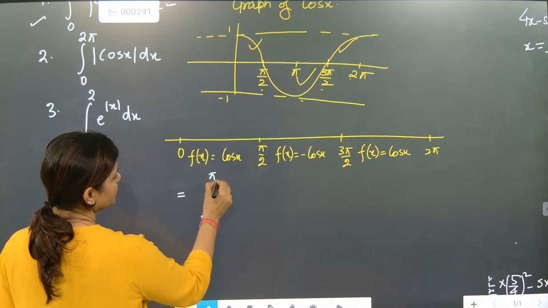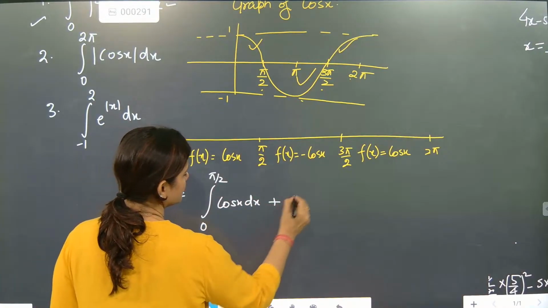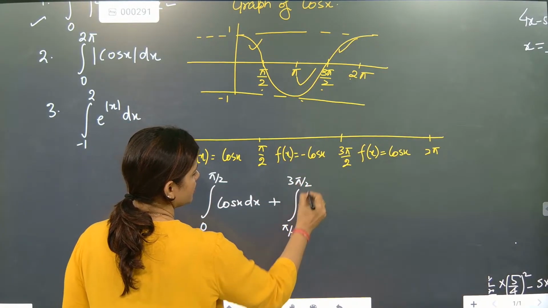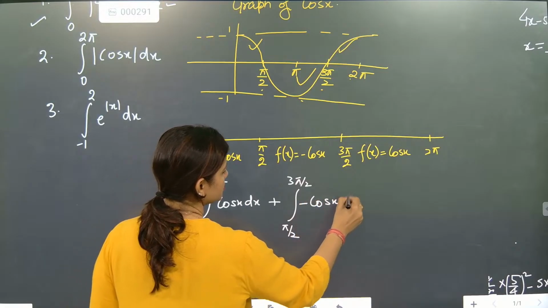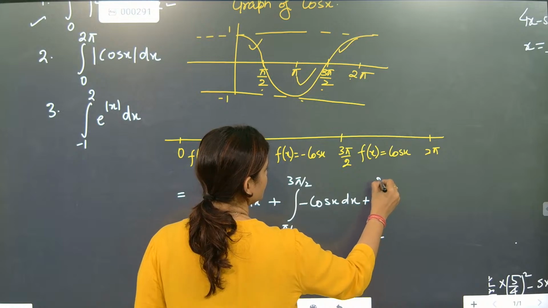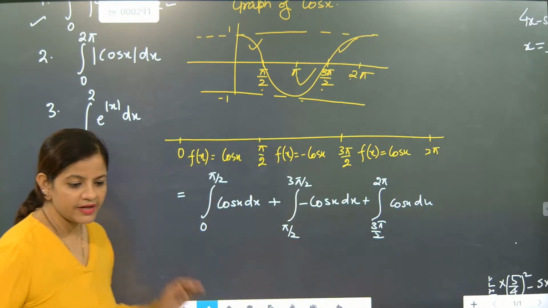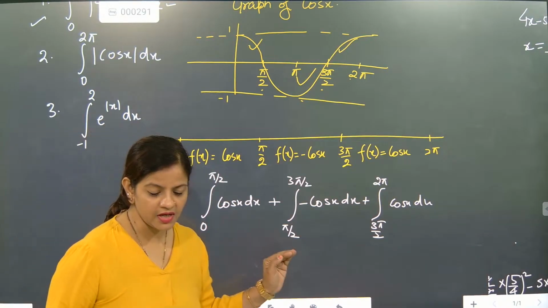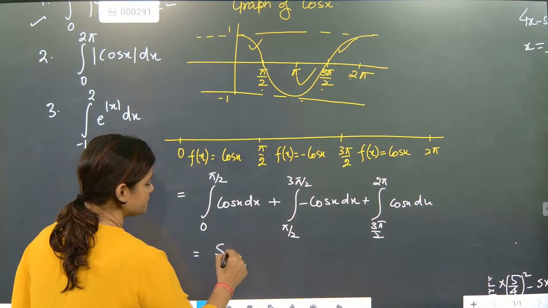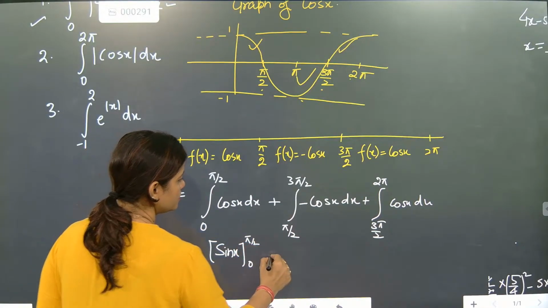Integral 0 to pi by 2 cos x dx plus pi by 2 to 3 pi by 2 minus cos x dx, and then 3 pi by 2 to 2 pi cos x dx. That's it. When a question like this comes, drawing and solving will make everything easy. Cos x will become sin x, from pi by 2 to 0.